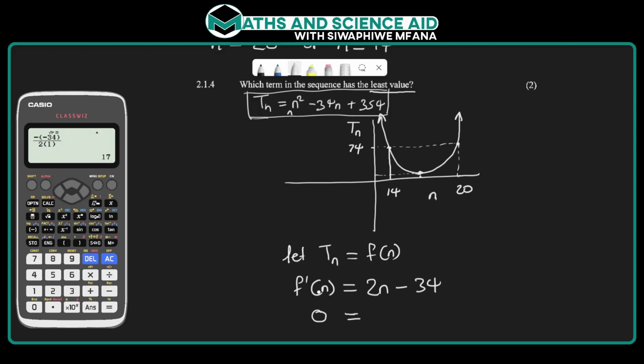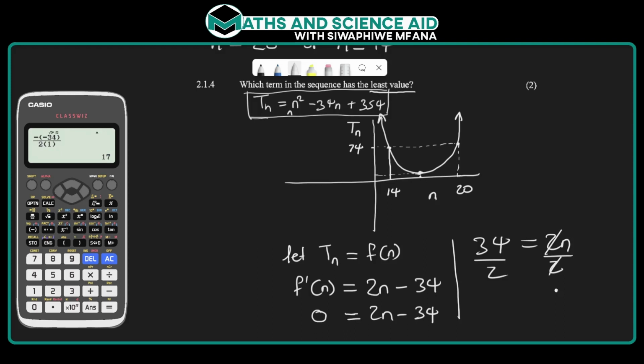So we make f prime of n equal to 0, and then we can solve for n. To solve for n here, we can simply take 34 to the left-hand side, where it becomes positive 34, and we are left with 2n on the other side. Then we divide by 2 on both sides in order to have n as the subject of the formula.